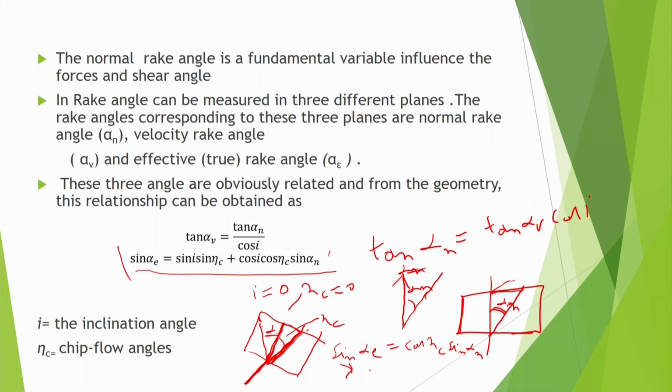So sin alpha e is basically perpendicular divided by hypotenuse in that one plane, and this is basically in that other plane, and cos eta c is again perpendicular divided by hypotenuse in the normal plane.